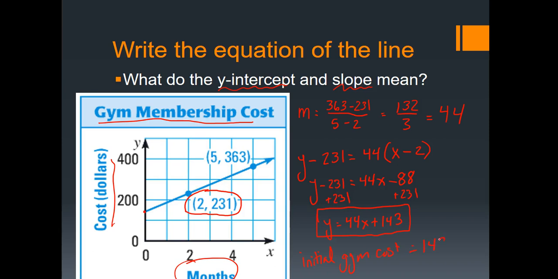That's the 143, or the y-intercept. And then the 44, that goes up 44 for every month. So that must be $44 per month, which is my slope. Okay, and that's all there is to this section.